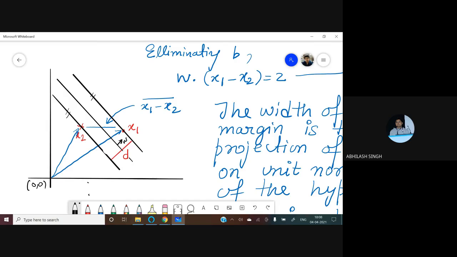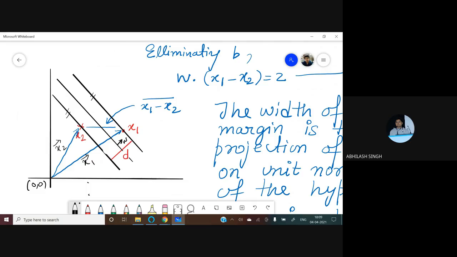Only in a few books is this diagram drawn representing the point in the form of a vector, starting from the origin and ending at that point. So this is vector x1, and this is vector x2.